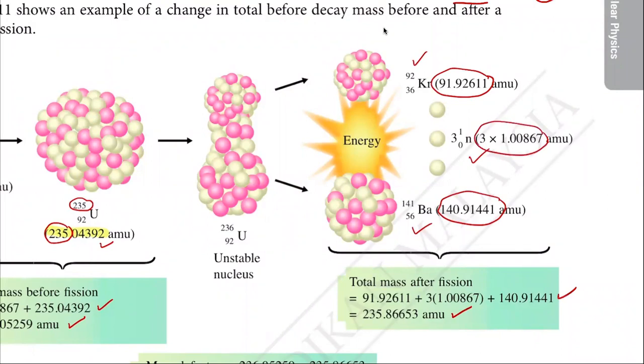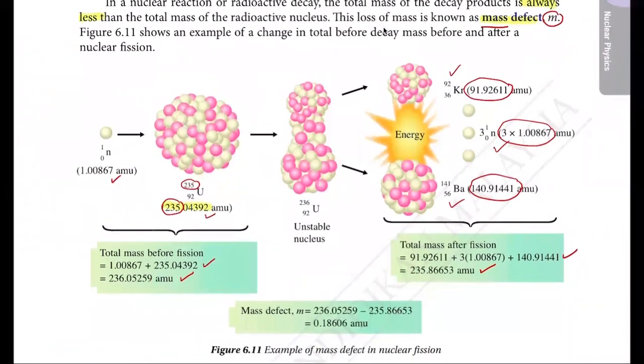Now compare the value before and after the fission. This one is before the fission. This one is after the fission. If you compare both of these numbers, you will see that they are not equal.